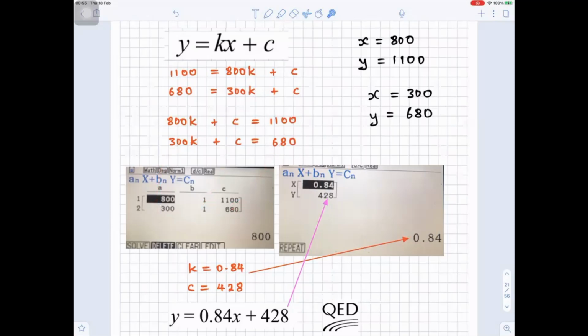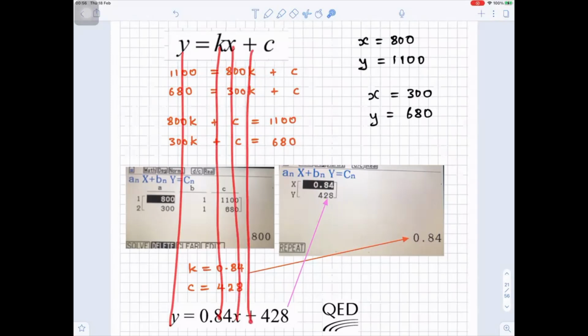And when you press execute, you'll get 2 answers, 0.84 and 428. So that means your k, which represents your x, is 0.84, and your c is 428. So you can write the equation as y is equals to 0.84x plus 428.